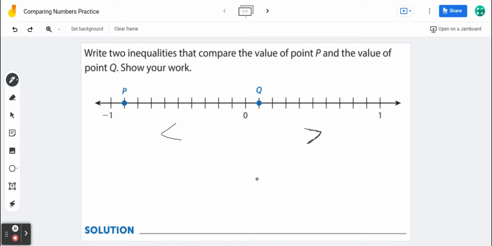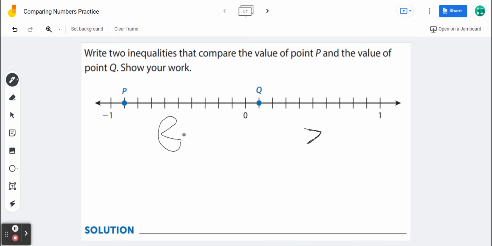So the Pac-Man, the crocodile, the alligator, they want to open up and eat the numbers, the values, the points in this case, that have the greater value. They want to eat the things with the greater value.